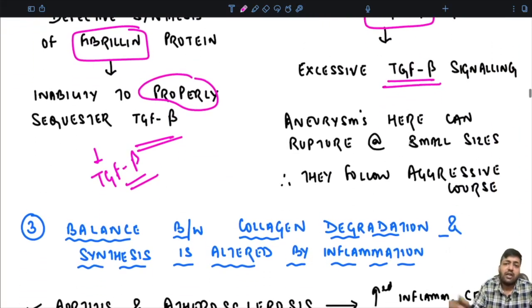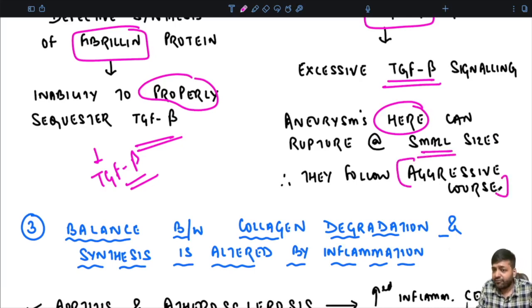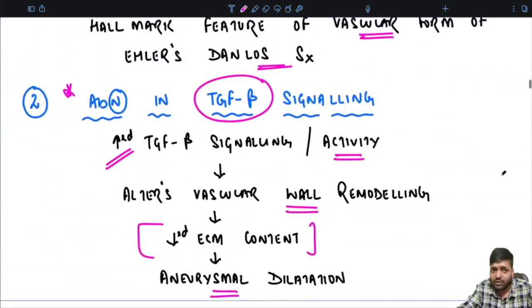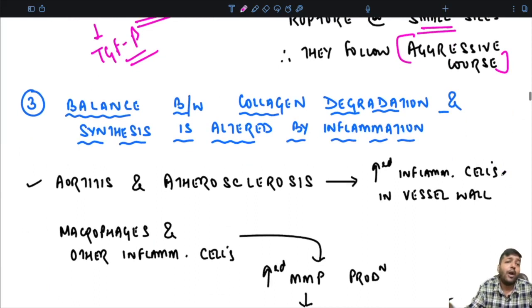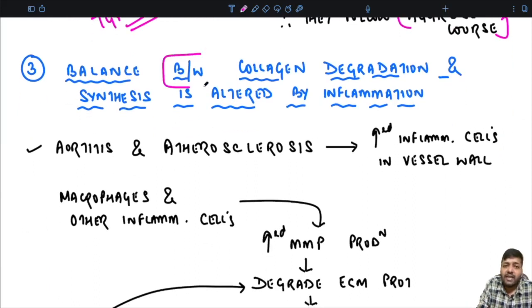But in this particular case, the aneurysms can rupture at small sizes. Therefore, they follow a very aggressive course. So this is the second point in the pathogenesis, abnormality in the TGF-beta signaling. The third important point is that the balance between collagen degradation and synthesis is altered by inflammation.